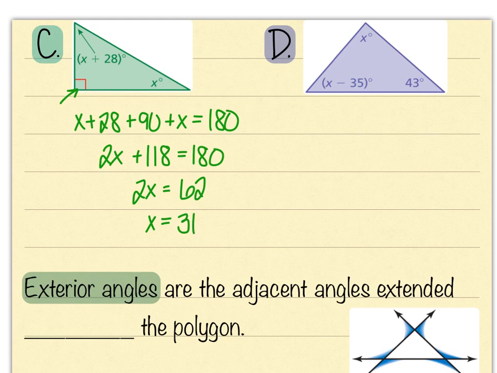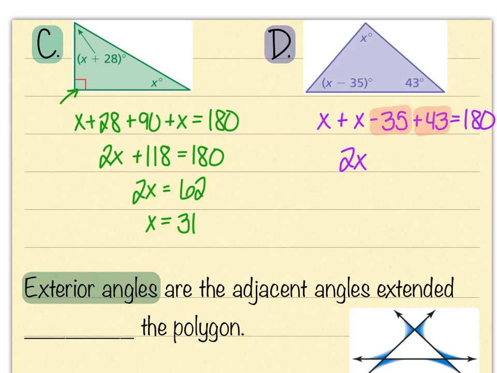And then for example D, solving for angle X: X plus X minus 35 plus 43 equals 180. I don't need to use parentheses here because I'm just adding them all together, so it doesn't matter what order I do that in. I do have to be careful, though, when I combine my like terms. I have to remember that this is a negative 35, and this is a positive 43.